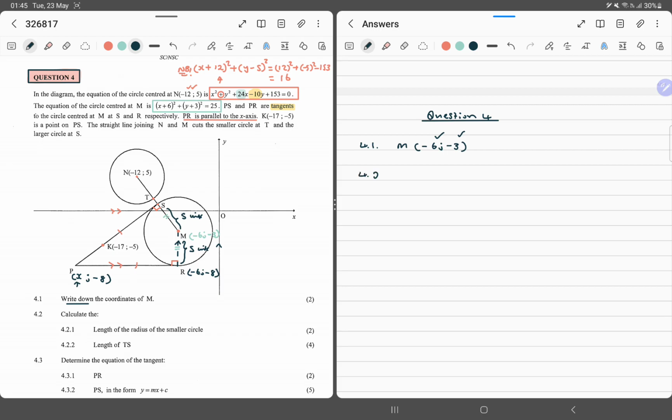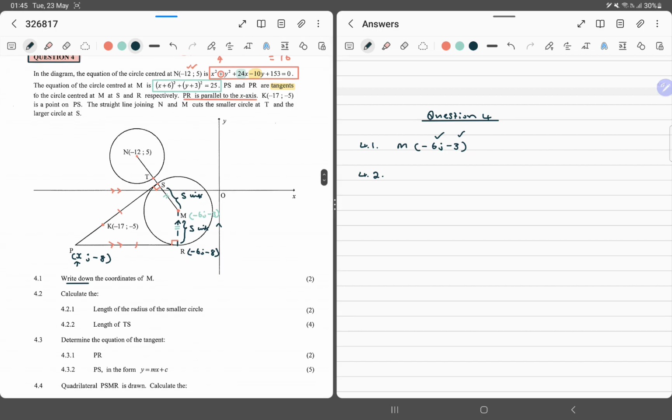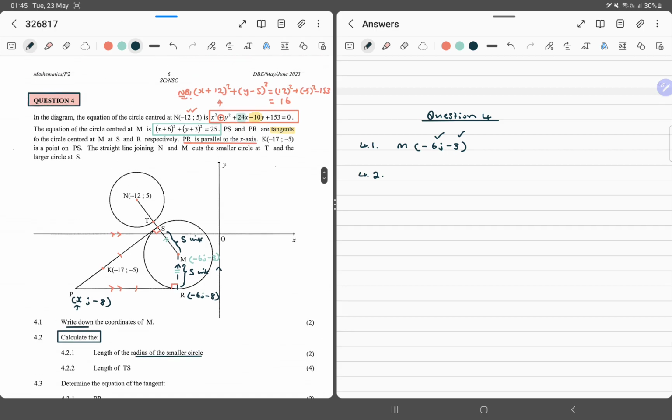So 4.2 says calculate. So here you cannot just show up with an answer. We need to see a calculation. The length of the radius of the smaller circle. Okay, now we can see that when we sort out our equation, it comes out as 16. So the radius is going to be 2, but we need to demonstrate all the steps. So fine.